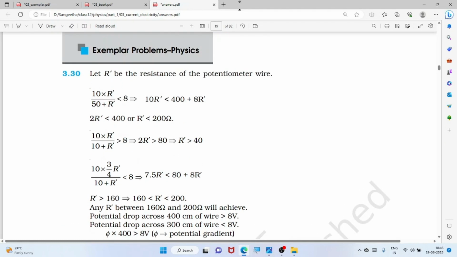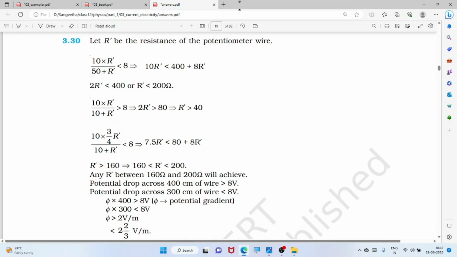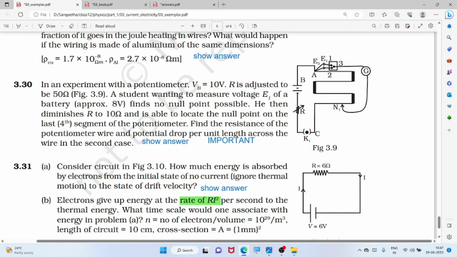These are the conditions for how you choose the variable resistance. The basic thing is that this is chosen such that the potential drop across this should be greater than the EMF we are going to measure.